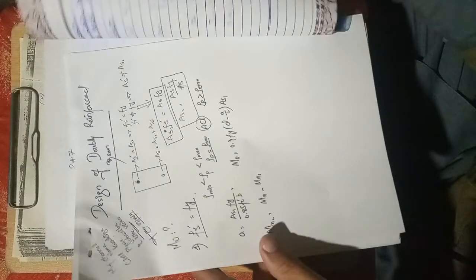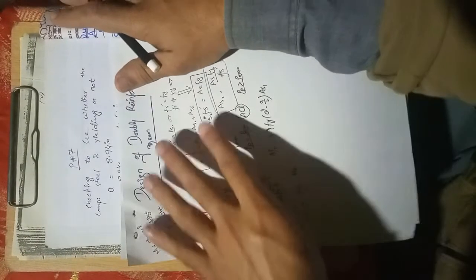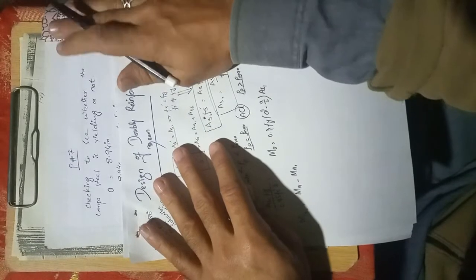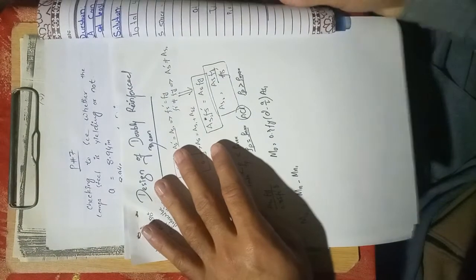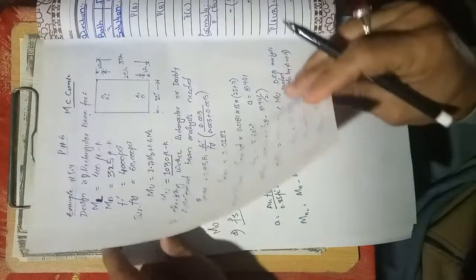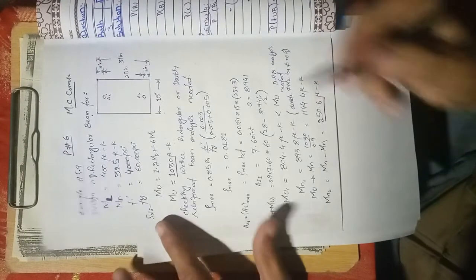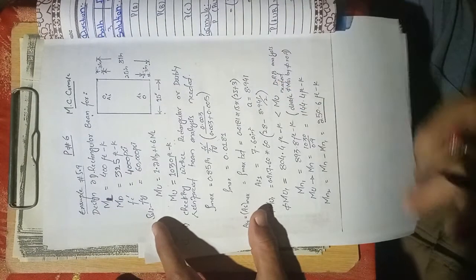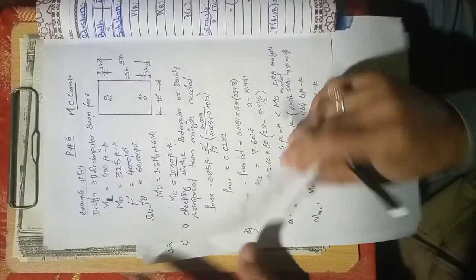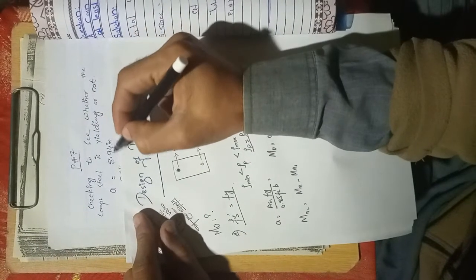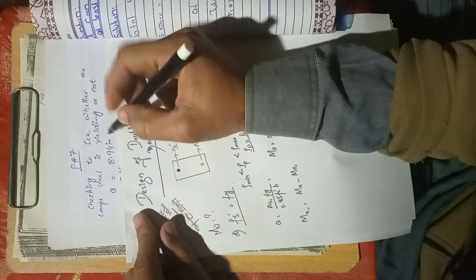Now, checking to see whether the compression steel is yielding or not. We got the a value, that is 8.941, and it was already calculated.